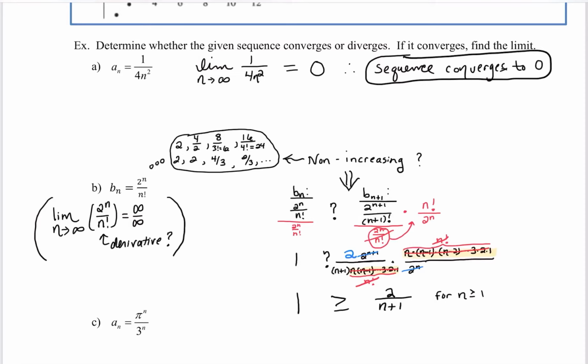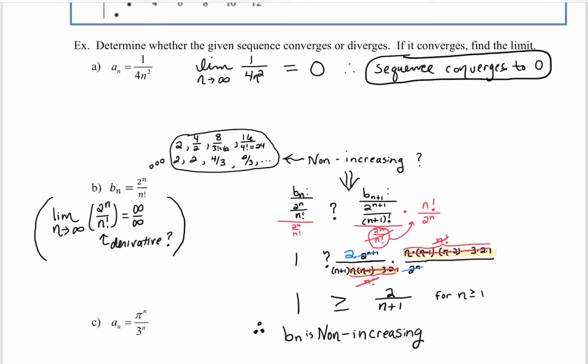So we have definitely shown that this is non-increasing. Therefore, the sequence b sub n is non-increasing.